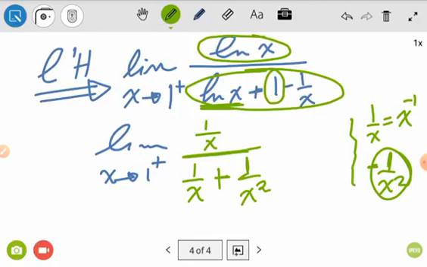The derivative here of 1 over x, we said it's 1 over x squared.